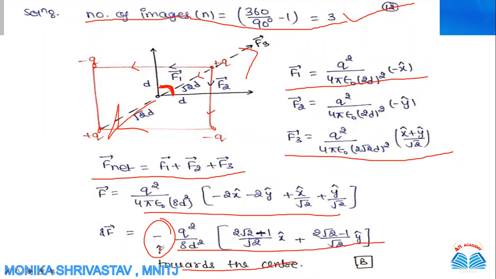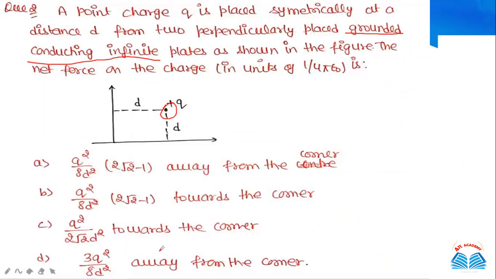Okay. So you will get the right answer as q square over 8d square, 2 under root 2 minus 1, towards the center. Option D is the right one.